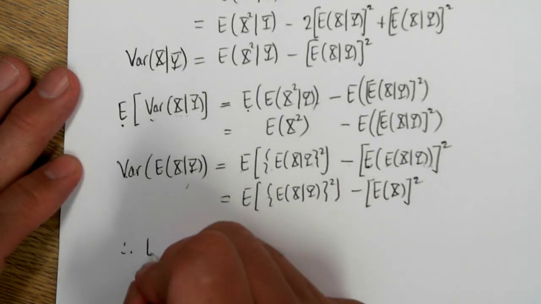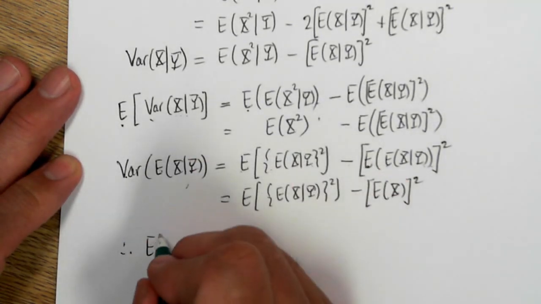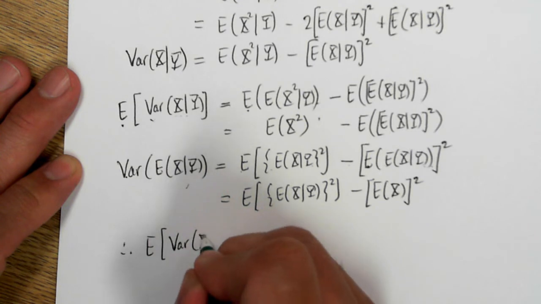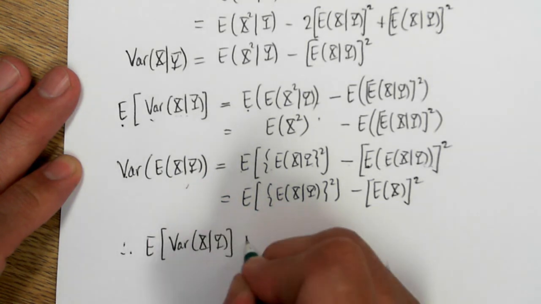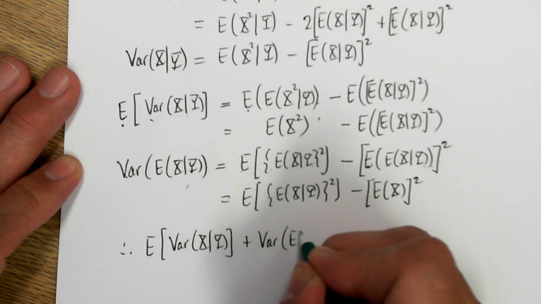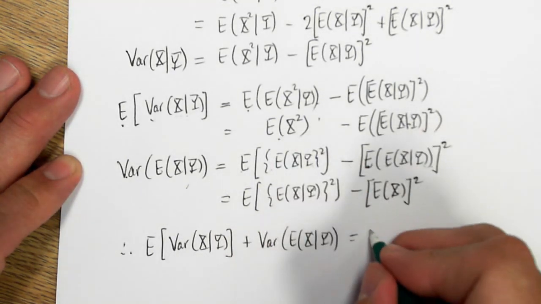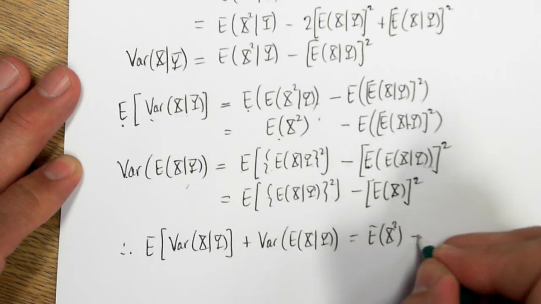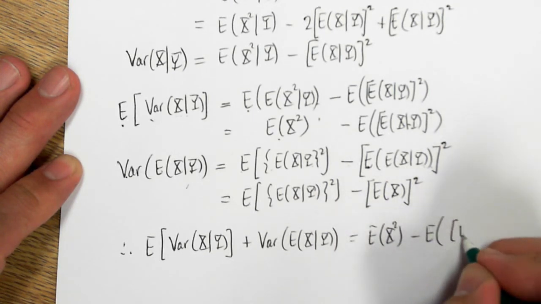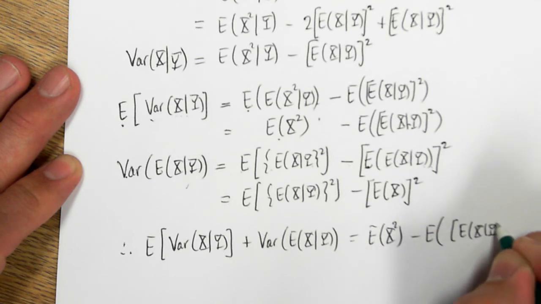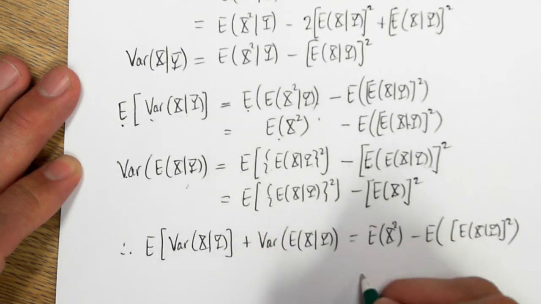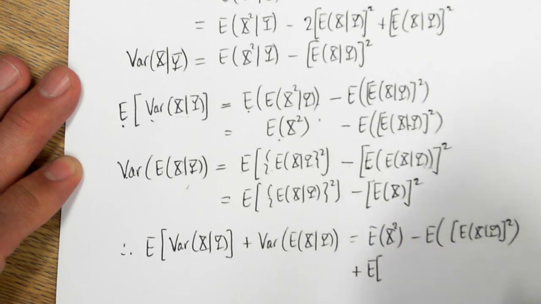So what happens if you add this up? If you add up these two things, I get this term minus this term. Then I have plus this term, which looks awful familiar, minus this term.